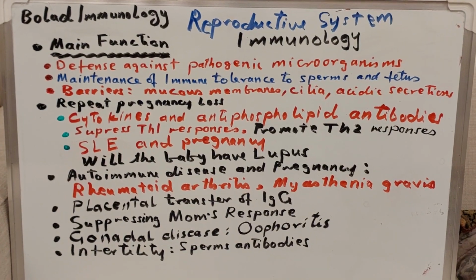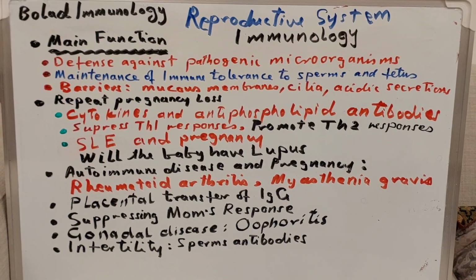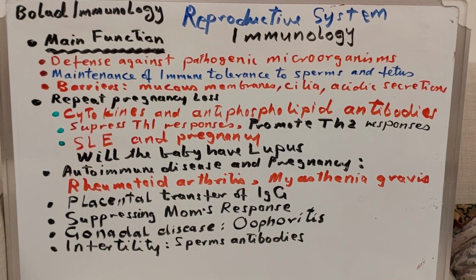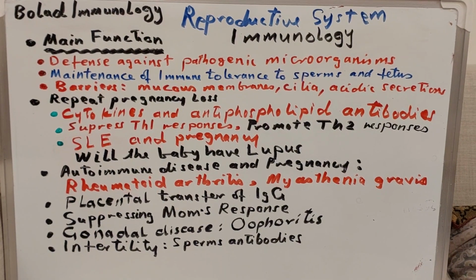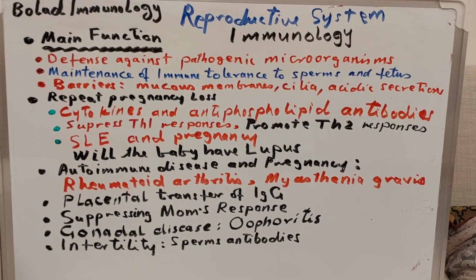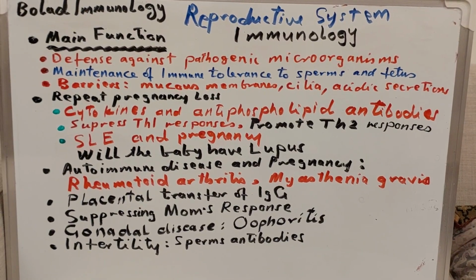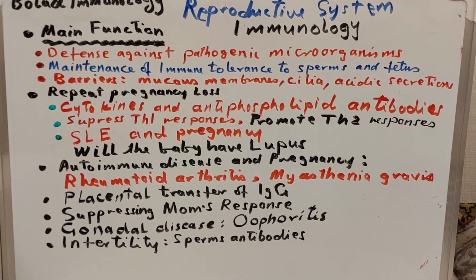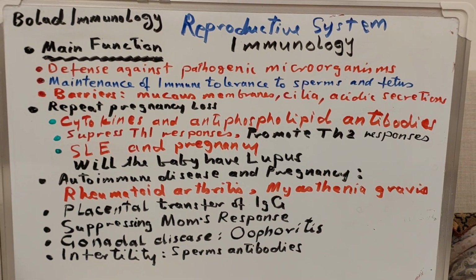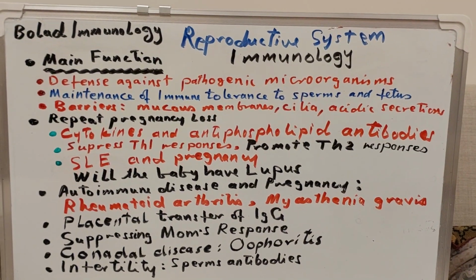However, in case of systemic lupus erythematosus, as you know, this is an autoimmune disorder, and it usually affects middle-aged females during the childbearing period. These ladies have a lot of antibodies, mostly anti-nuclear antibodies.